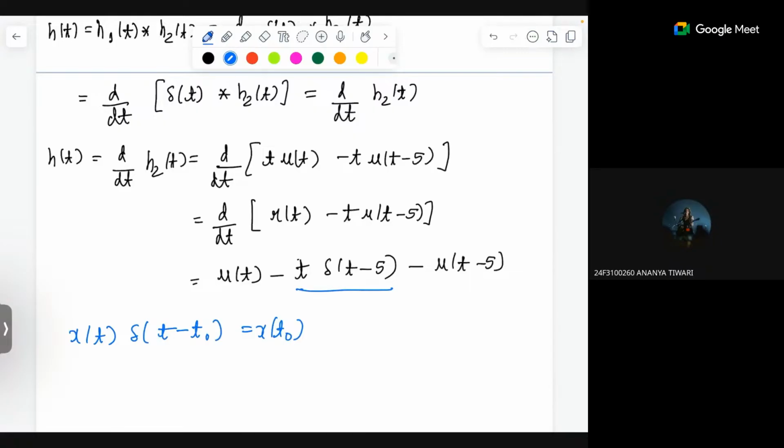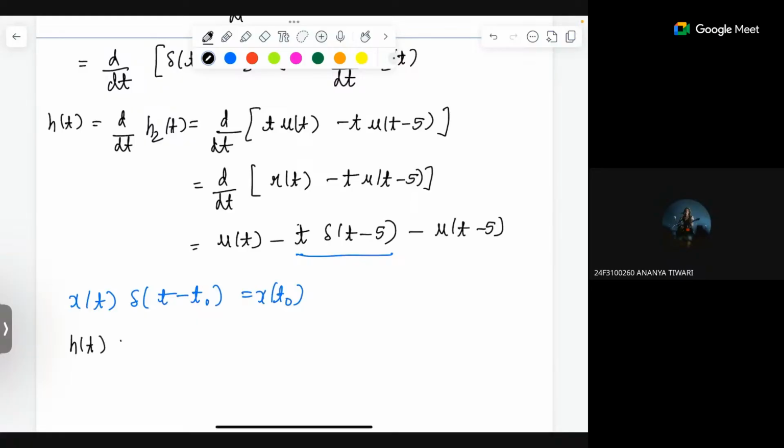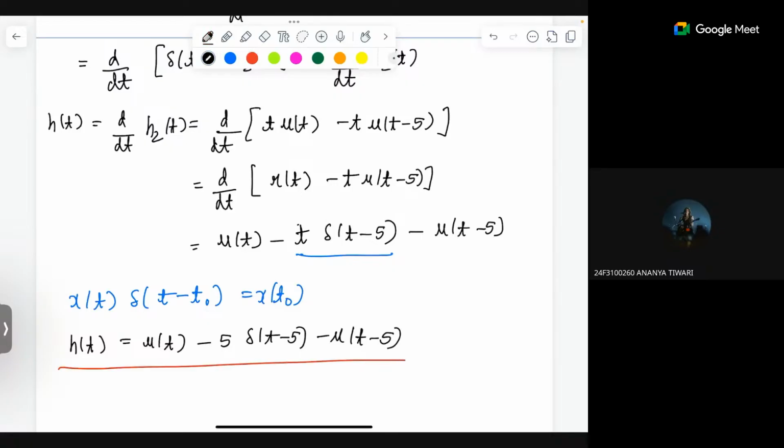Now here t naught is 5, so this t will become 5. So h(t) will be u(t minus 5) delta(t minus 5) minus u(t minus 5).